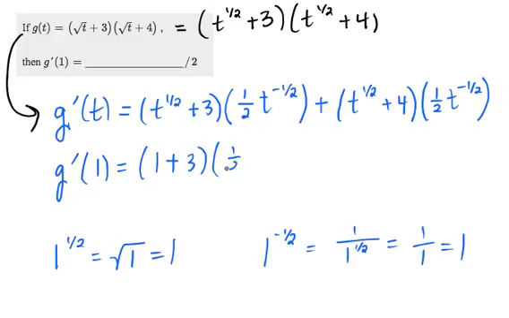So this is 1/2 times 1, plus t to the 1/2, that's 1 to the 1/2, which is 1 right here, plus the 4, times 1/2 times, this is also 1 again.